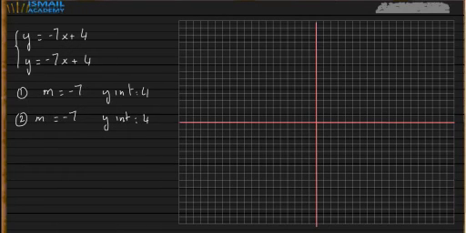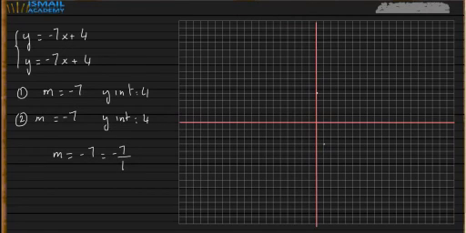So I'm gonna look for 4 here. So this is the y-intercept, the slope is -7, which means it is -7/1. I'm gonna run 1 and go down 7. So the second point will be here.